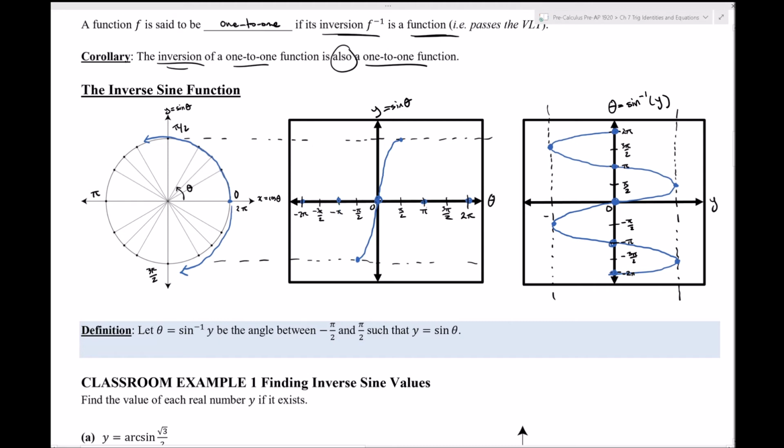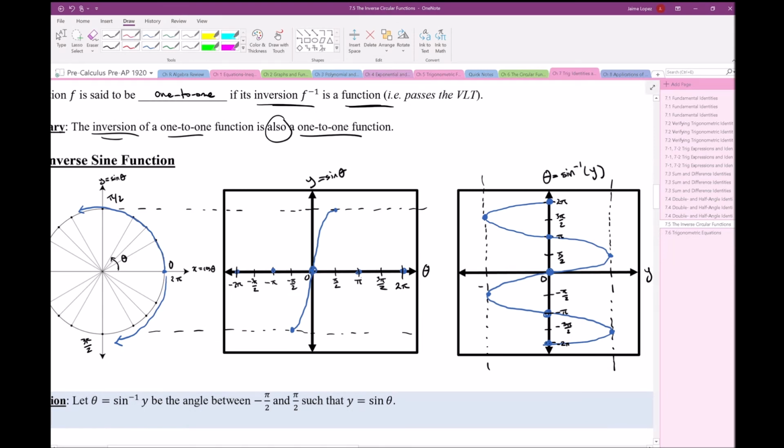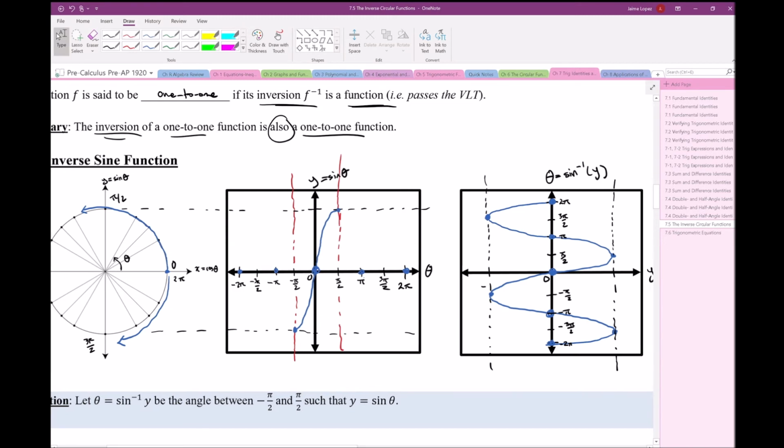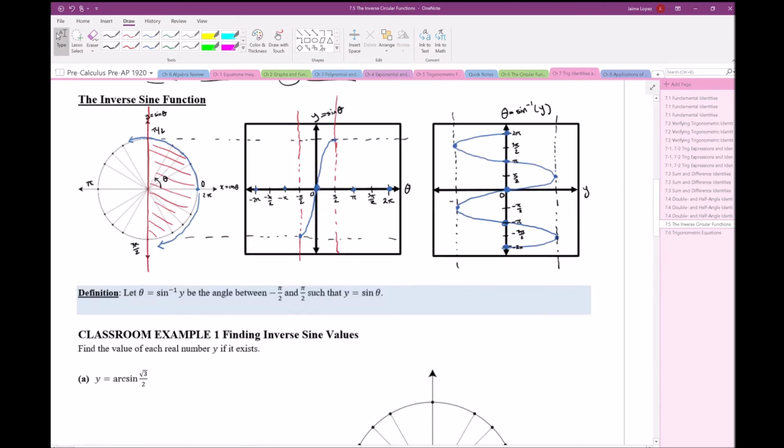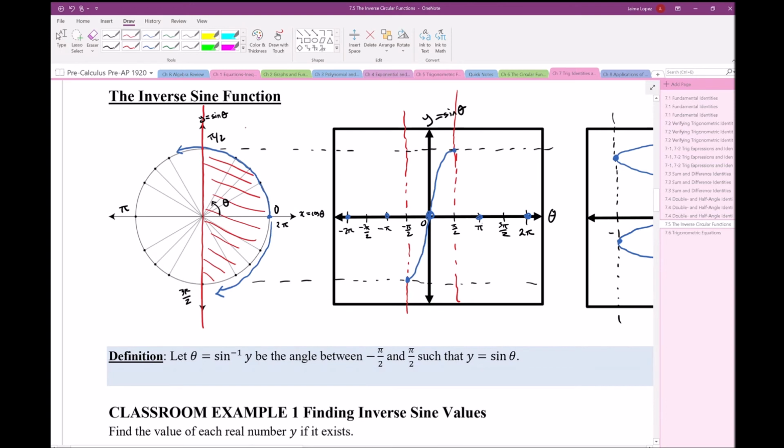So we only leave this piece here, from negative pi over 2 to pi over 2. Negative pi over 2 is the left boundary, and here's the right boundary. What that refers to would be everything to the right of the y-axis, all of this stuff. So we're going to define inverse sine for angles on the right half only. So inverse sine is on the right half.